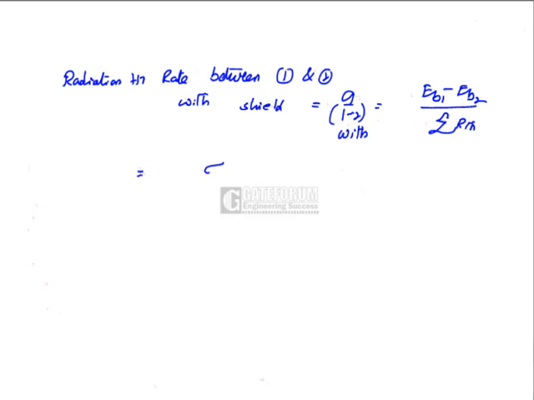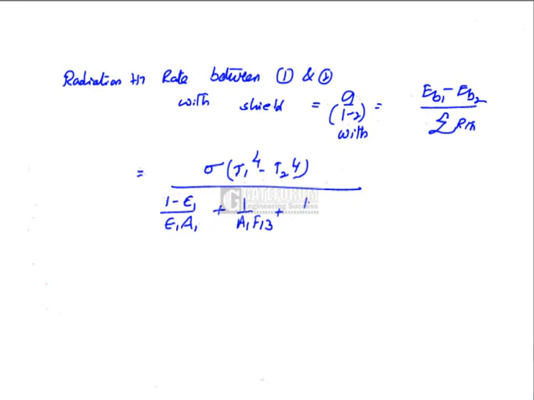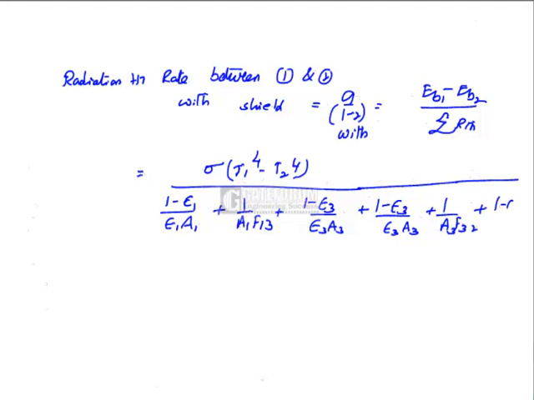That results in sigma times T1 to the power of 4 minus T2 to the power of 4, divided by (1 minus epsilon 1) by epsilon 1 A1, plus 1 by A1 F13, plus (1 minus epsilon 3) by epsilon 3 A3, plus (1 minus epsilon 3) by epsilon 3 A3, plus 1 by A3 F32, plus (1 minus epsilon 2) by epsilon 2 A2.